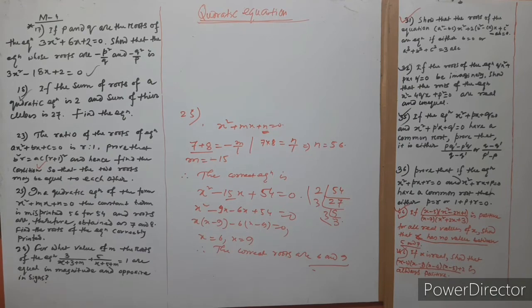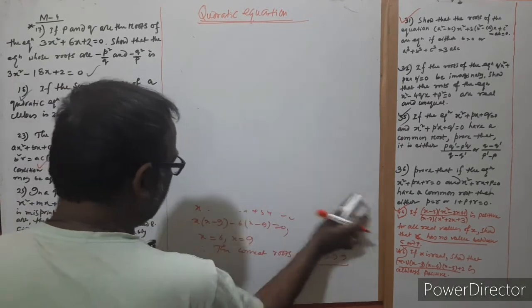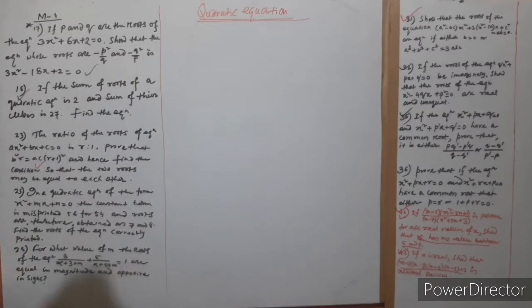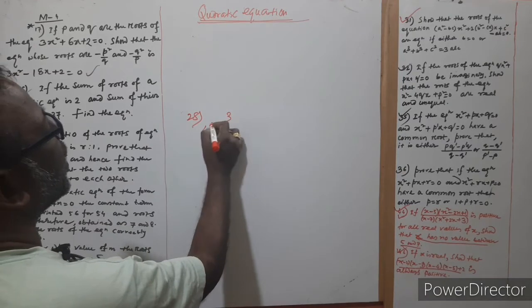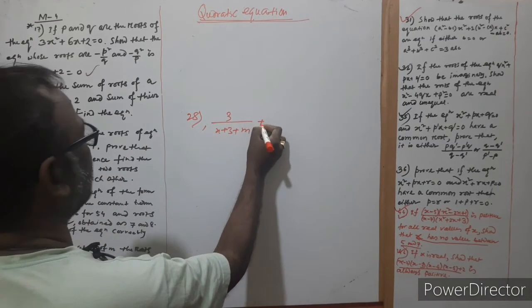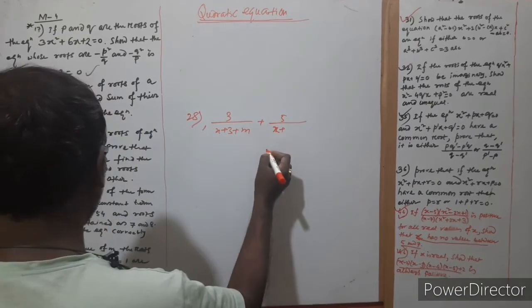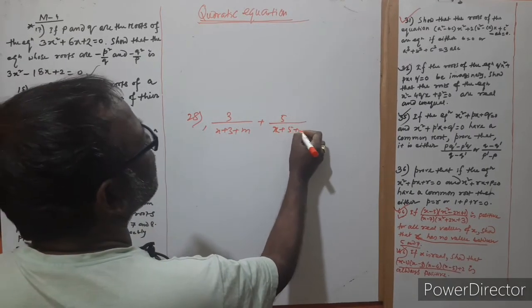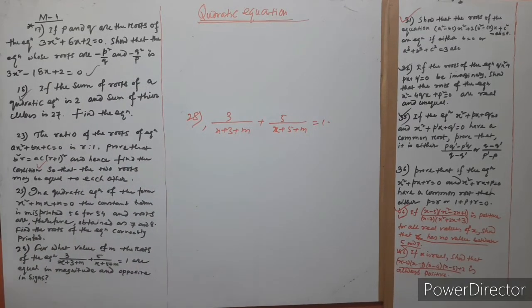Now today this is the last question. I want to do this question here, 628. This is 3 by x plus 3 plus m, that is 5 by x plus 5 plus m equal to 1, the roots are equal in magnitude but opposite in sign.